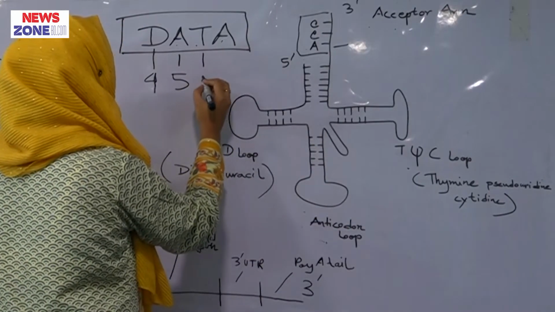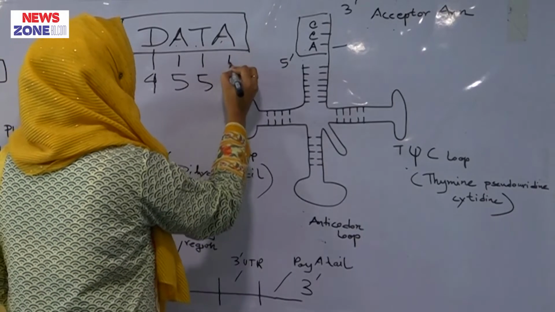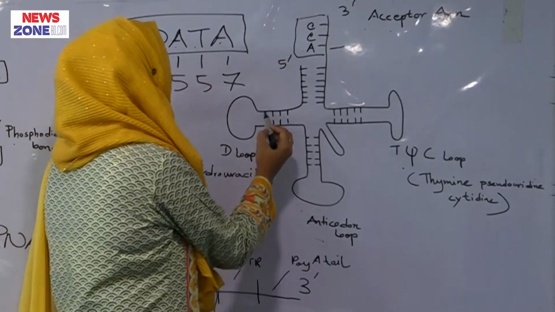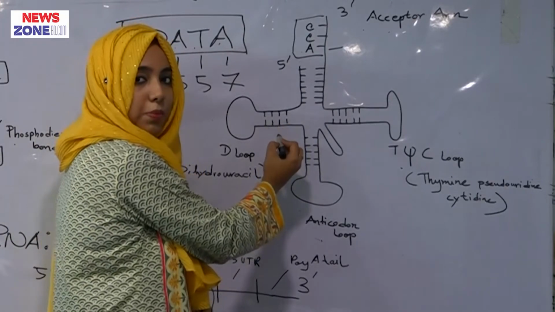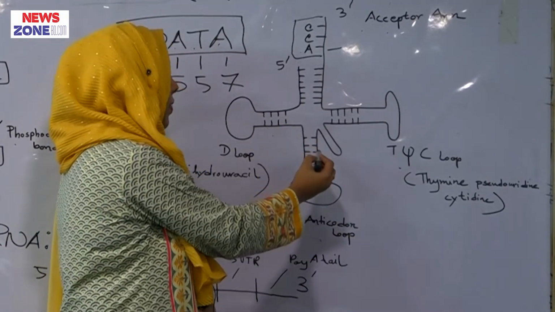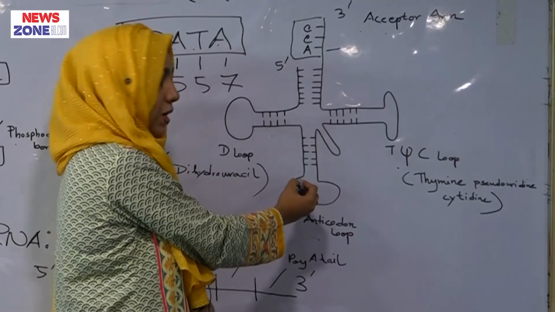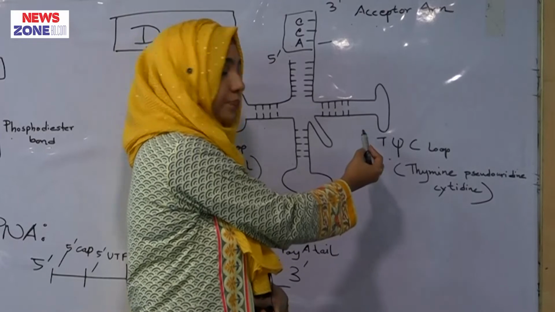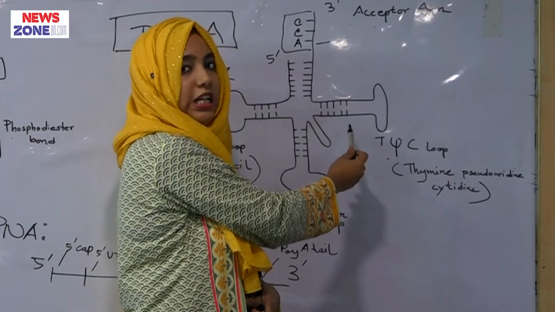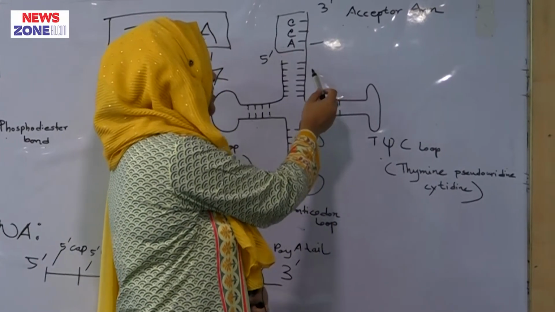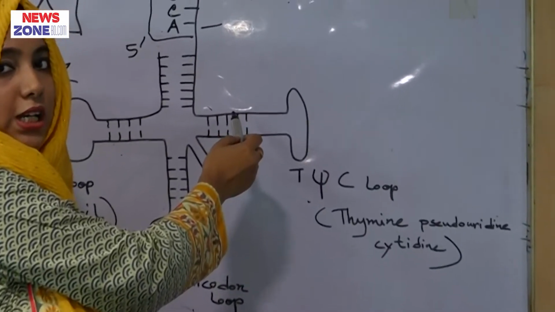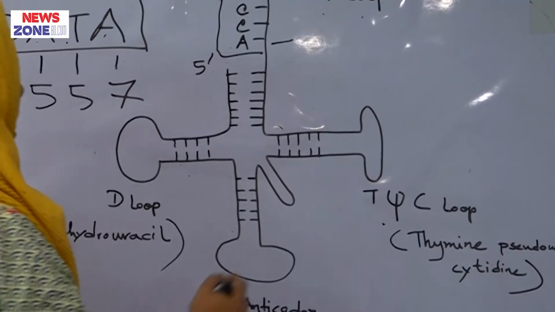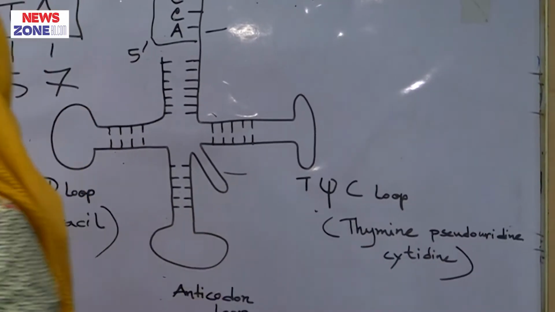In the T loop, there are 5. In the acceptor arm, there are 7 base pairs. There are 4 complementary base pairs in the D loop, 5 in the anticodon loop, 5 in the T loop and 7 in the acceptor arm. And this is the variable loop.